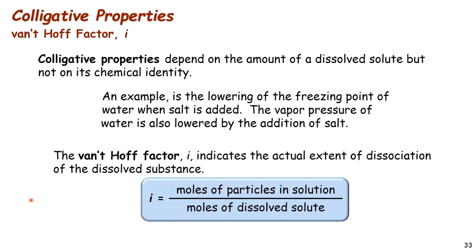And that's what the van 't Hoff factor is. Moles of particles in solution versus the moles that you actually dissolved. So if I dissolved 1 mole of sodium chloride in water, I know that I'm going to have 2 moles of particles, 1 mole of sodium and 1 mole of chloride. So that's 2 moles. And so that's what the van 't Hoff factor is, i.